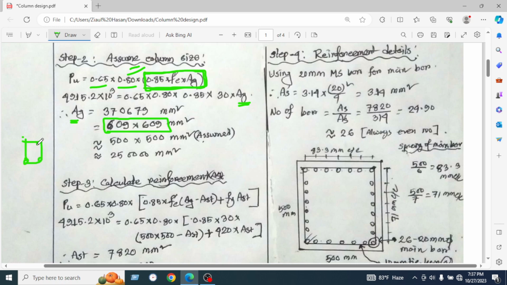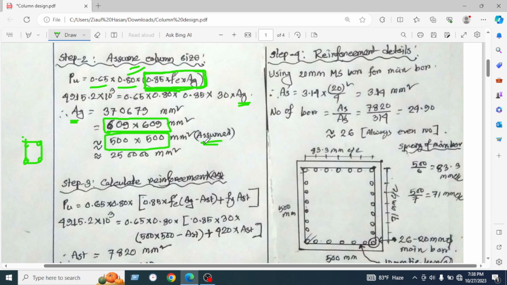So we have used only the concrete and found 609, but that's why we will reduce the section and assume the value approximately 500 into 500, because this force was assumed to be taken only by concrete. On the other hand, we know the column force will be taken by both concrete and steel. That's why we will reduce the section. Okay, so let's see, this will be 500 into 500 millimeter square.